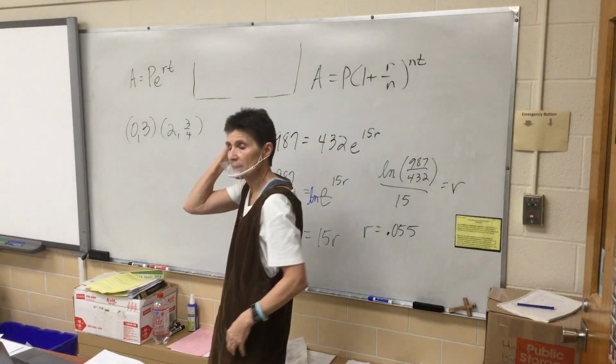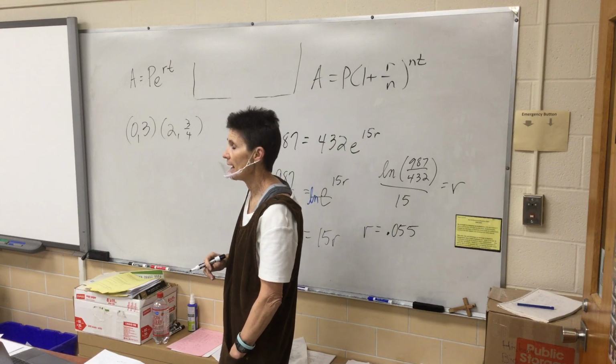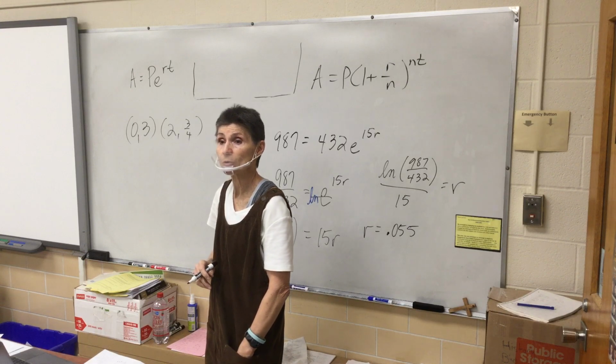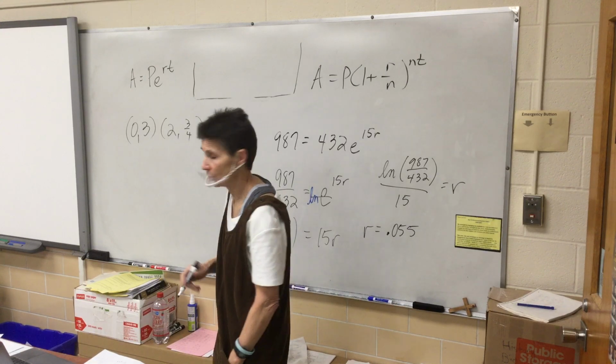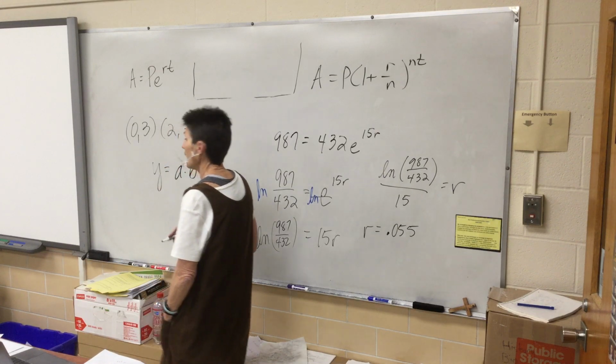Okay, so we're writing the equation of an exponential. This is an extra problem. It is not on any sheet you have, I don't think. So we'll start by writing down what we know it has to look like.